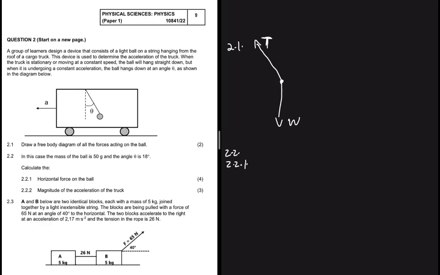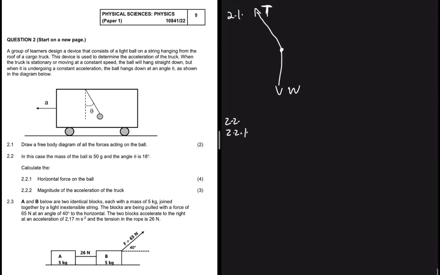So the horizontal force on the ball, the force along the x-axis, is what we're looking for, right? Let's resolve that free body diagram first. We have the weight and we have Ty, the y component of the tension, and we have Tx. In this equation, we are looking for Tx, but we don't have the tension.